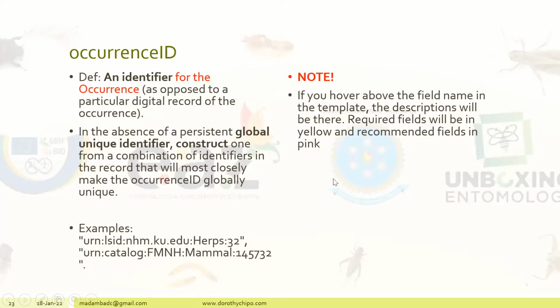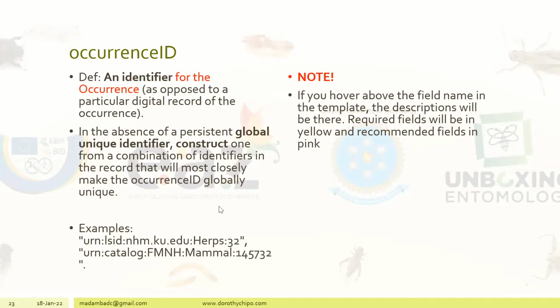In the absence of a global unique identifier for this occurrence ID, you could generate one using online tools, or you could construct one by mixing the other IDs in the same line together with numbers as well.